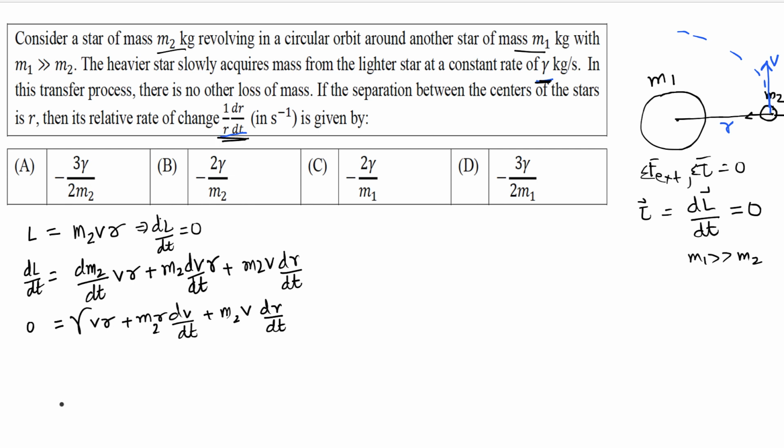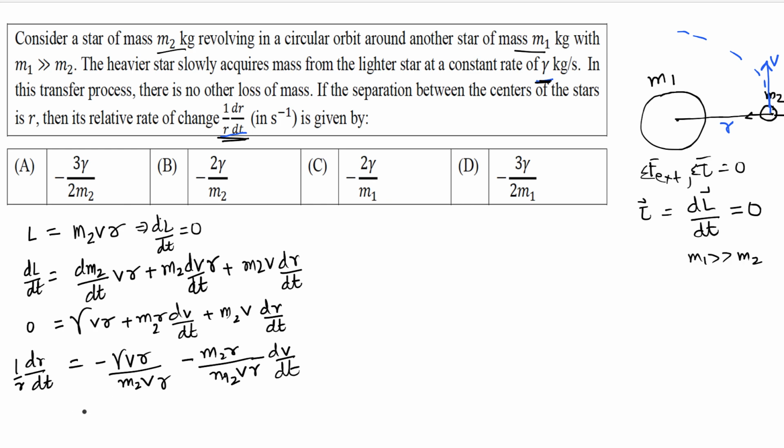So let's write this expression in terms of what they want. They want 1 by r dr by dt. So let's take dr by dt and 1 by r. So if we take dr by dt on one side, we're left with minus gamma v r by m2 v, because we need to divide everything by m2 v, and then 1 by r is coming also extra, so 1 by r, and minus m2 r by m2 v and r, and then dv by dt, right?